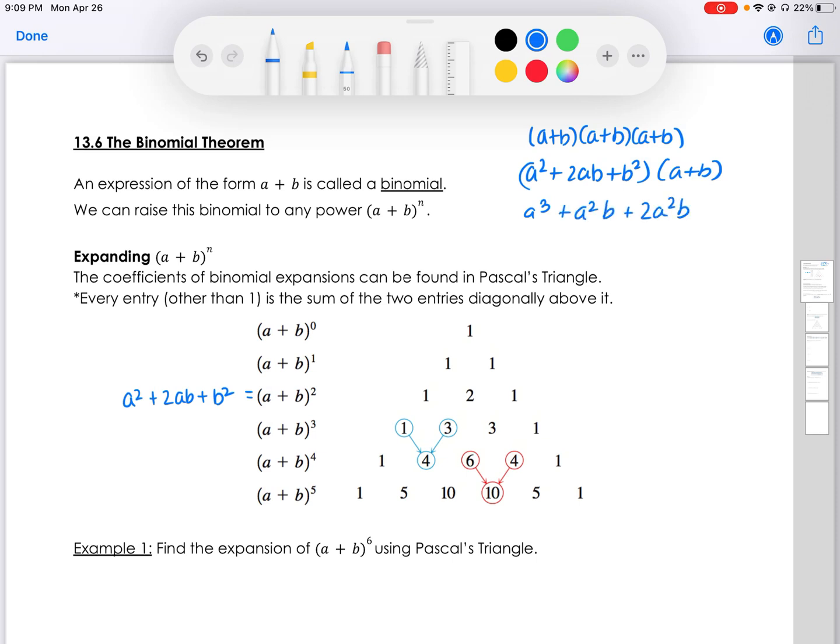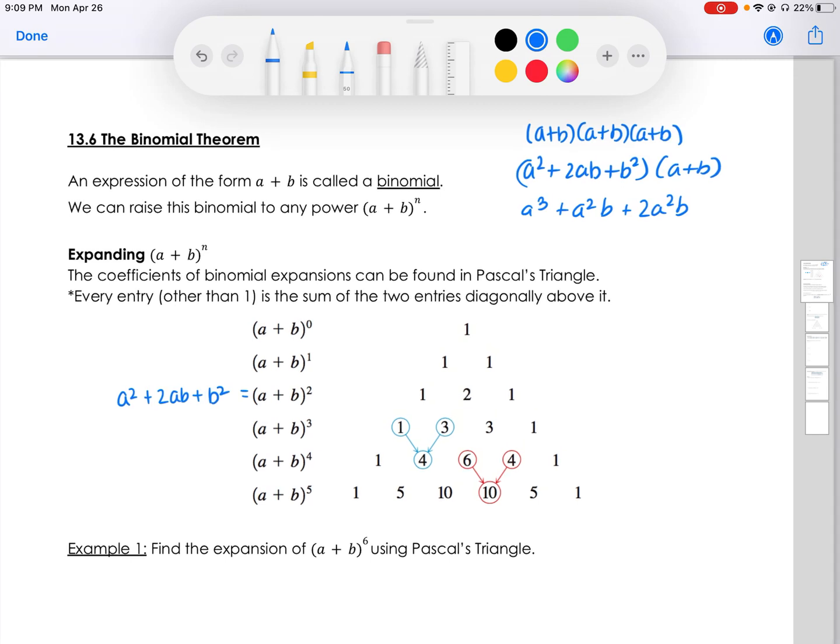A cubed, a squared b, then 2, that's right so far. And then plus 2ab squared plus b squared a plus b cubed. And we can combine a little bit of this. So that's a cubed plus 3a squared b plus 3ab squared plus b cubed.